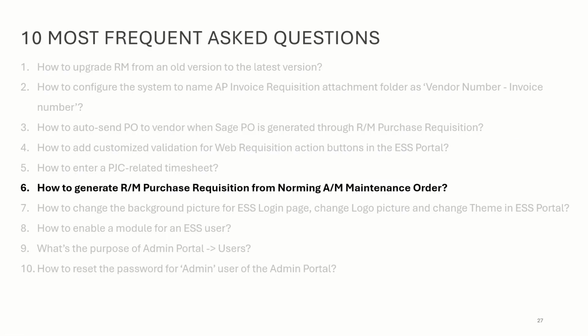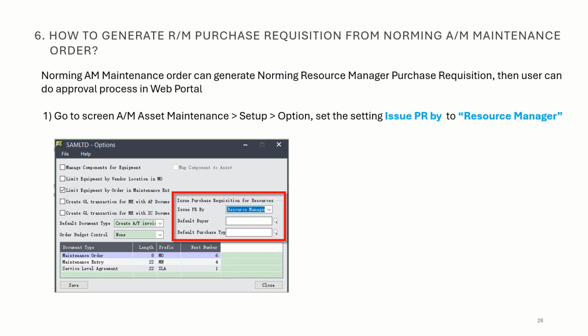Next question is how to generate an RM purchase requisition from a Norming AM maintenance order. Norming AM maintenance order can generate a Norming Resource Manager purchase requisition. Once the RM purchase requisition is generated, the user can do the approval process in the web portal.